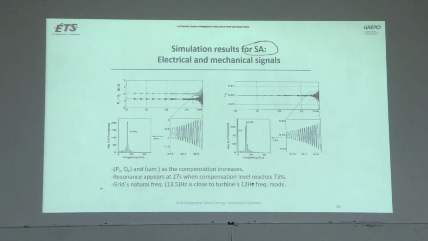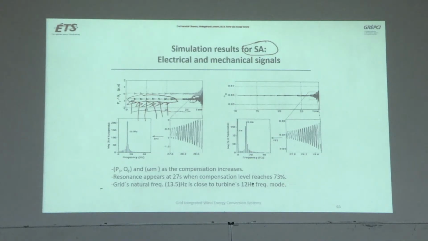Simulation result for SA, it means 3 machines with a 3 mass spring model. At different intervals, he started increasing the series compensation. Here he is slowly starting series compensation, and some oscillations were there, but they subsided.